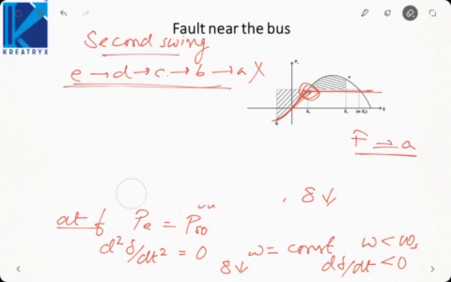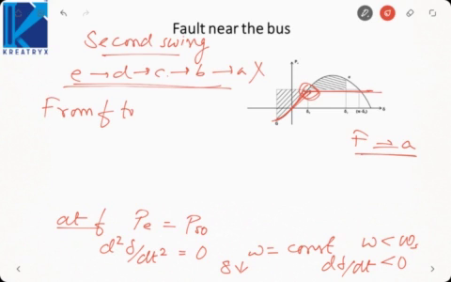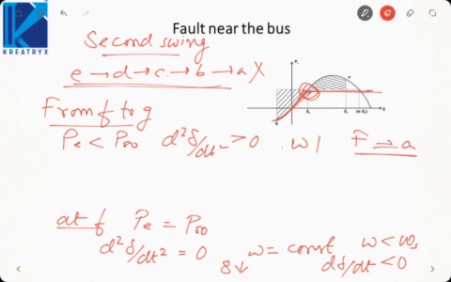Now when we are going from F to G, what is happening? Electrical power is less than shaft power, due to which d square delta by dt square will be greater than 0, which means speed will increase. But up to point F, the speed was continuously decreasing.